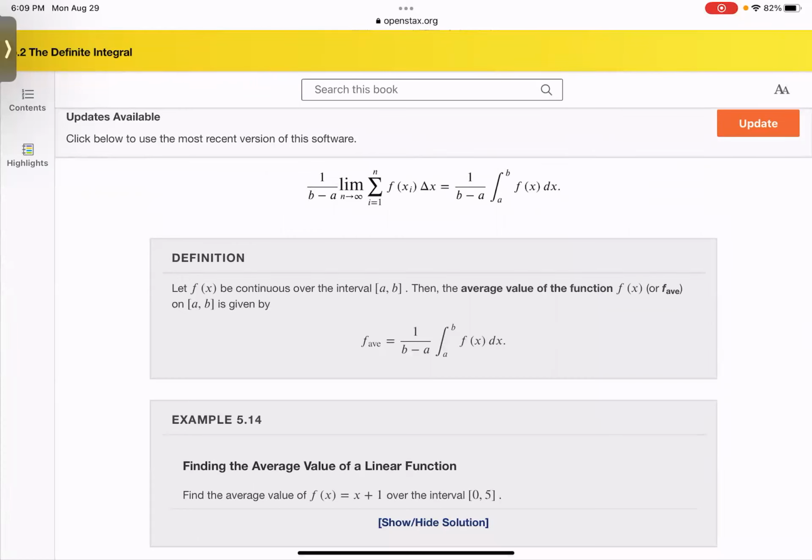I think in the next video, actually, I'll just explain it here. There's an average value of the function. So basically, if you wanted to find the average area, I guess, of the whole function given, you can use this equation here.